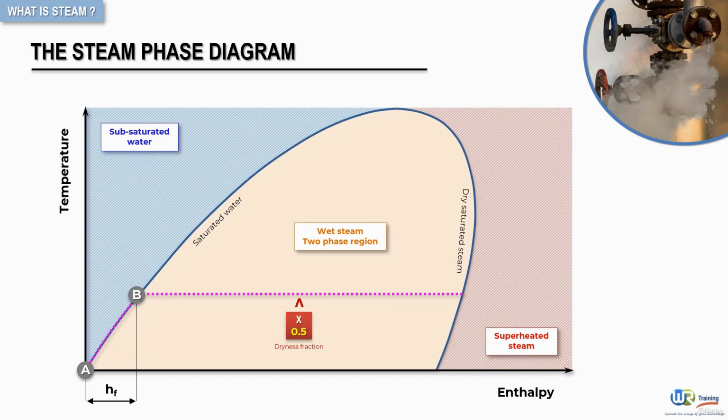In a similar manner, on the saturated steam line, the steam is 100% dry, so the dryness fraction is 1. Once it has received all of its enthalpy of evaporation, it reaches the saturated steam line at point C.